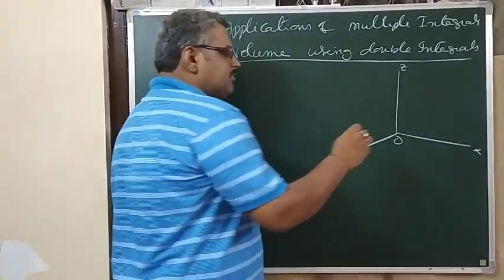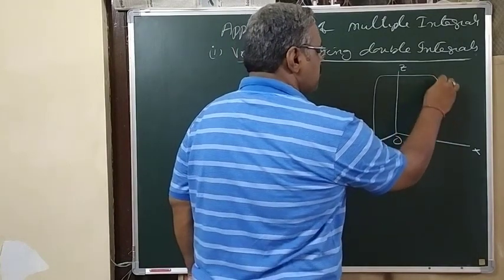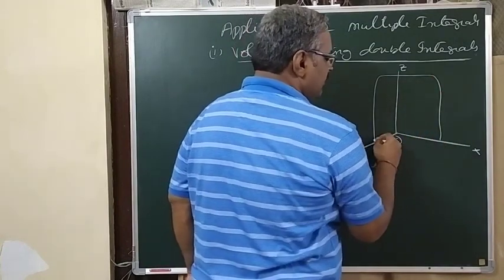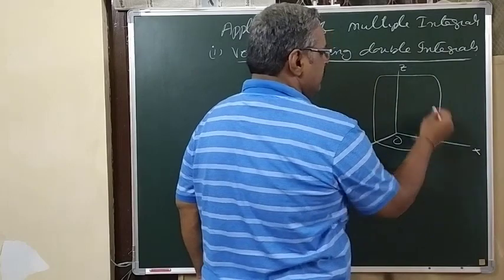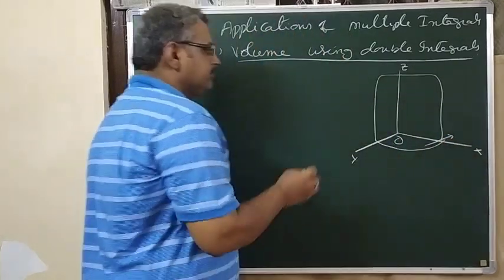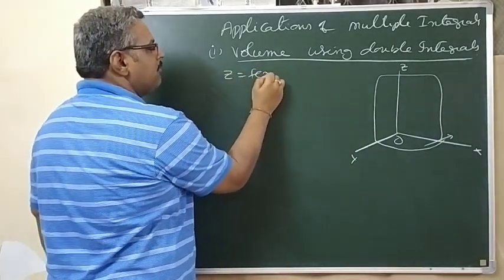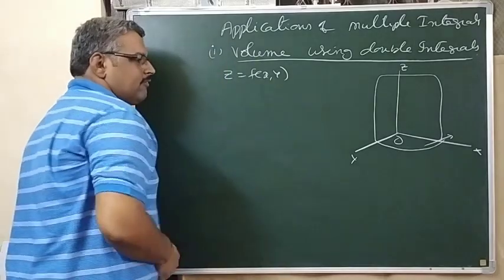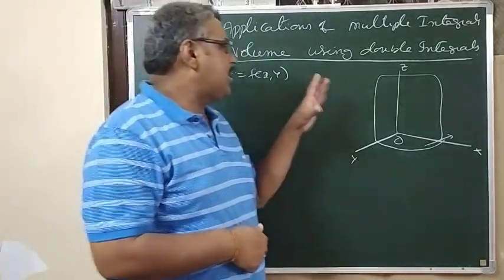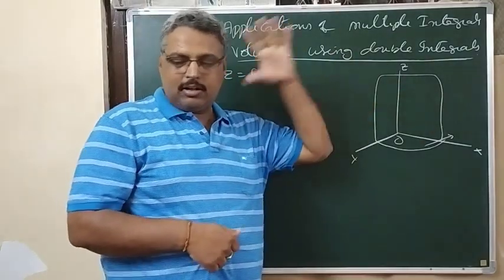If the solid is bounded by or above the xy plane, so z equals f of x y, then we will find the volumes using double integrals.